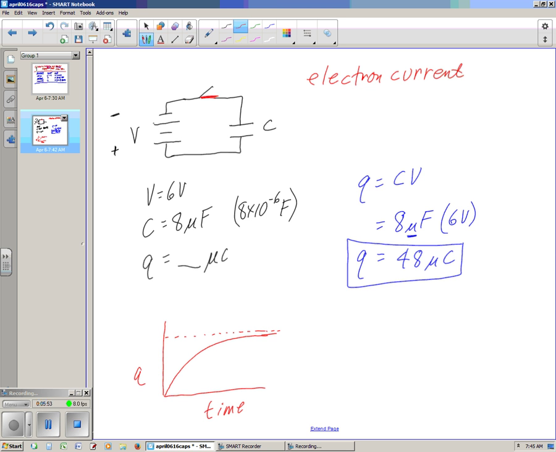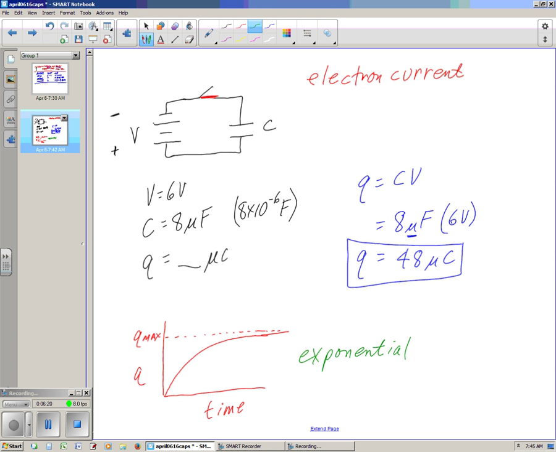You've seen that before in math. And this value would be Q max. So the asymptote is a value that the charge approaches, but it never gets there. And when you have a graph like this, this is called an exponential. And that's about all you need to know about this problem right now.